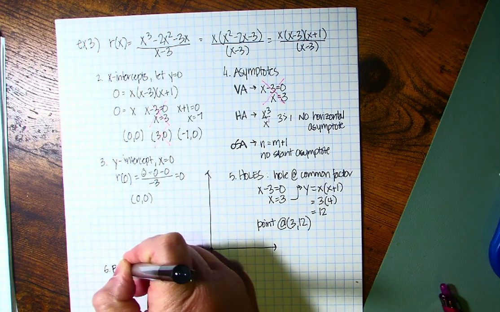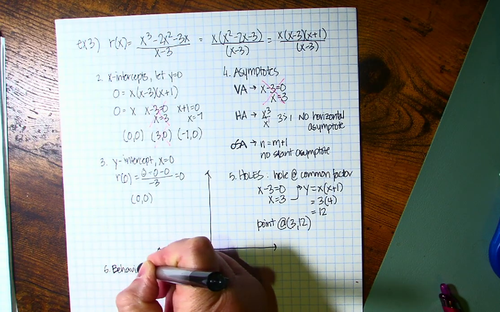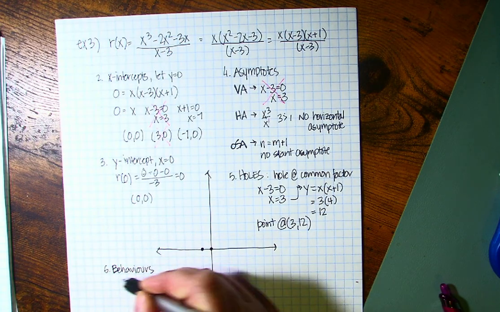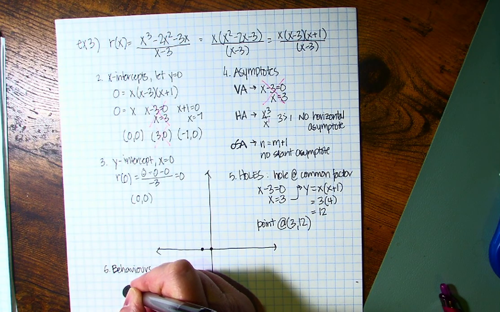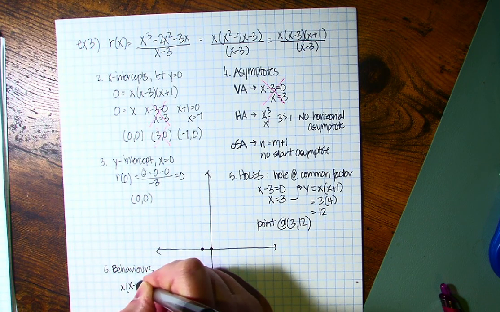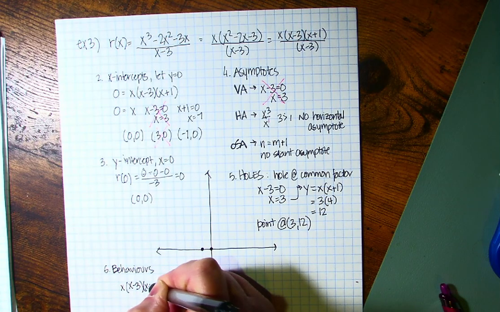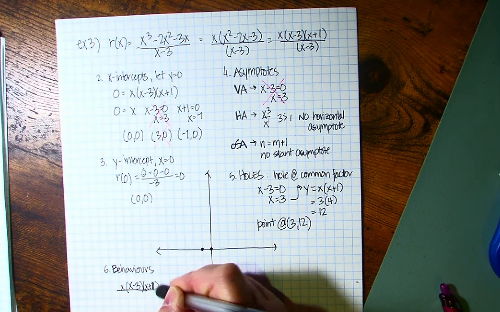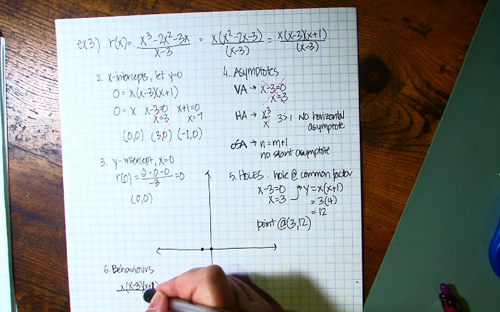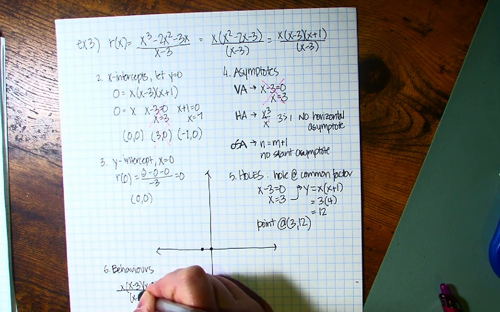But the behaviors that we are going to look at are just at the end. Because I don't have any asymptotes, I'll do x. I can do x minus 3, x plus 2, the factored form, x plus 1, sorry, over x minus 3.